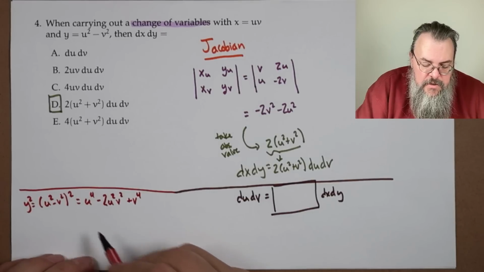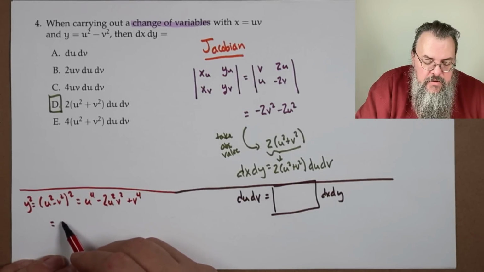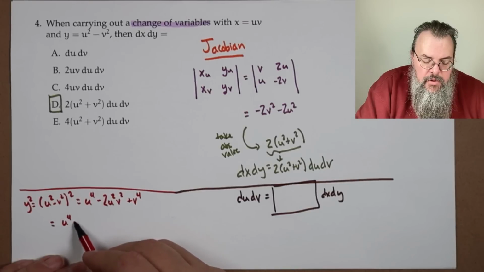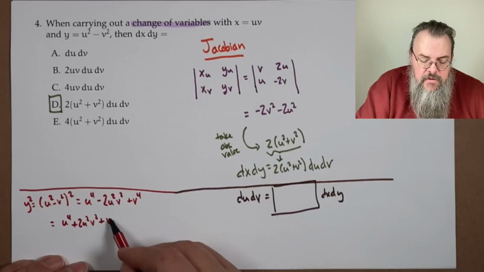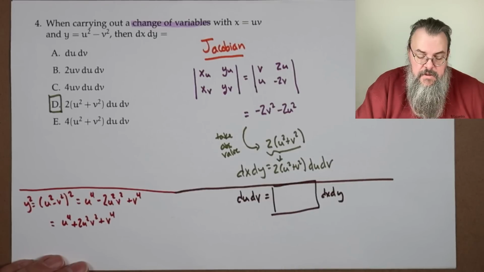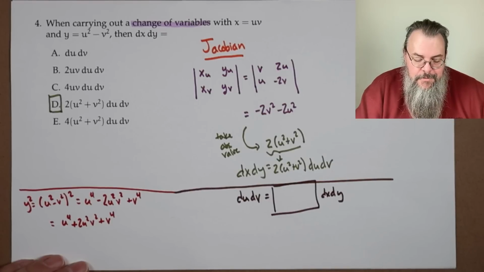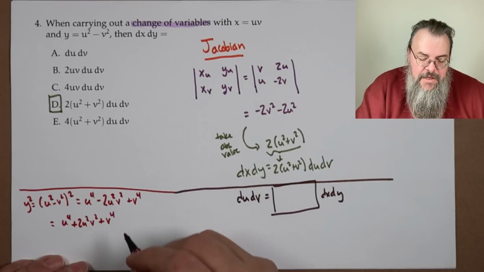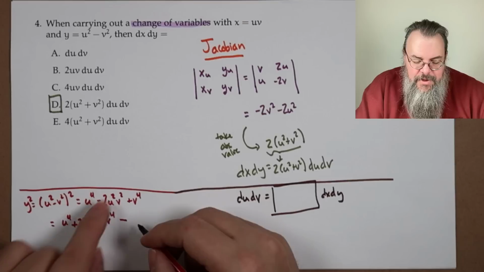Well, if you go a little bit further, you can say, well, hey, you know what? This is u to the fourth plus 2u squared v squared plus v to the fourth. And I go, well, yeah, of course, it is that. But why do you bring that up? Minus, oh, wait, yeah, we need one other piece, right?